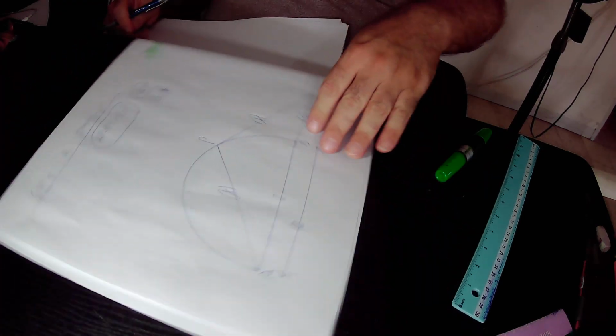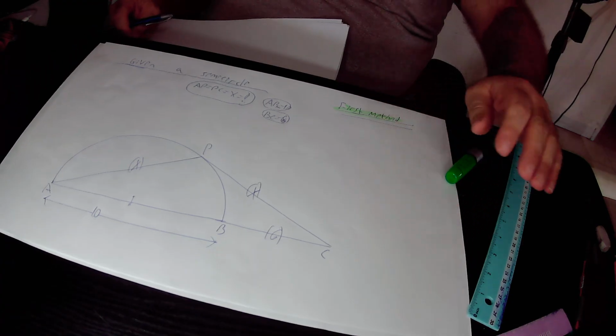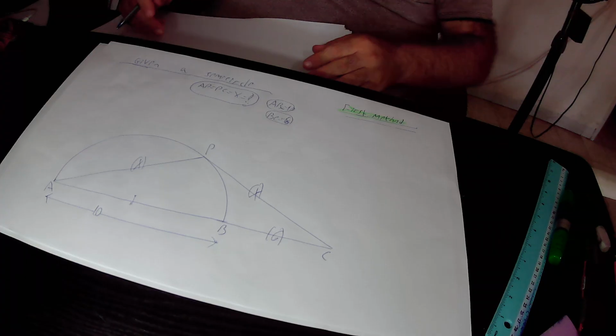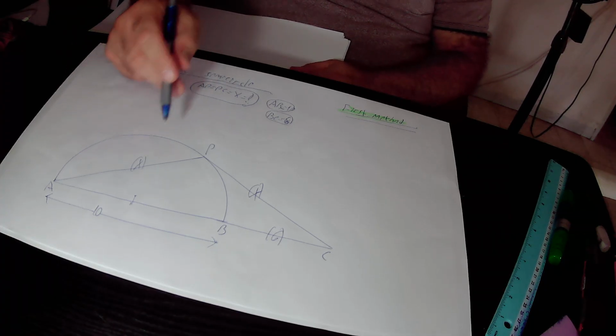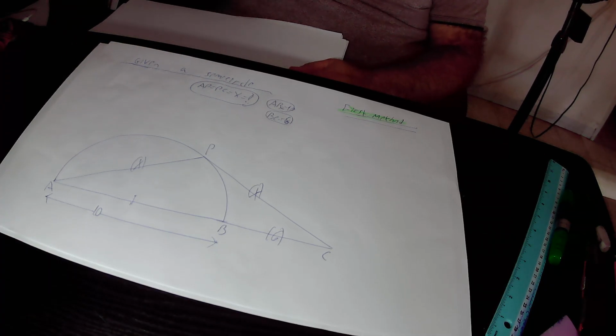In the second question, our task is to find out the length of line segment AP, which is equal to x. We have to find out the value of x.